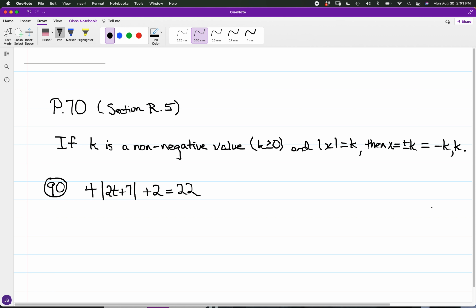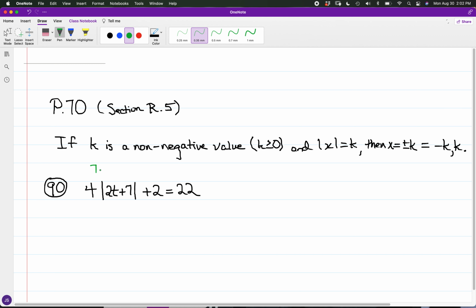Now, for the set from page 70 concerning absolute value equations, in number 90 we are looking at solving for the variable t. The statement is 4 times the absolute value of 2t plus 7, followed by the addition of 2, is equal to 22. Just a reminder with absolute value notation, you do not treat the bars as you would parentheses.